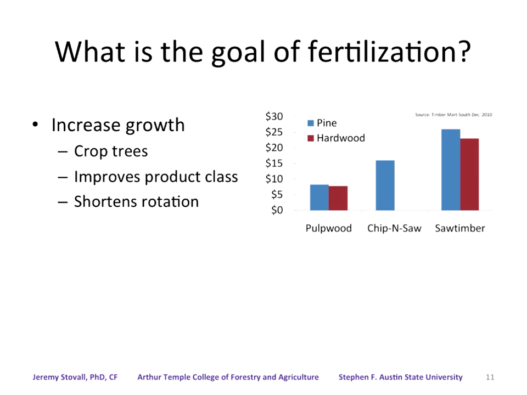And so when we look at those values, if you can move 1 ton of your plantation from chip and saw at $15 a ton to sawtimber at $25 a ton, that's going to give you a disproportionate value. And so that's really the goal of fertilizer application. It's to put a few extra inches of diameter growth onto your crop trees so you get that higher economic return at your next thinning operation, or ultimately primarily at your final harvest.